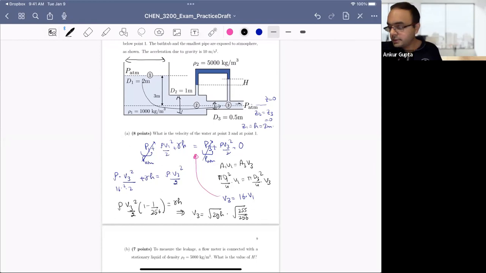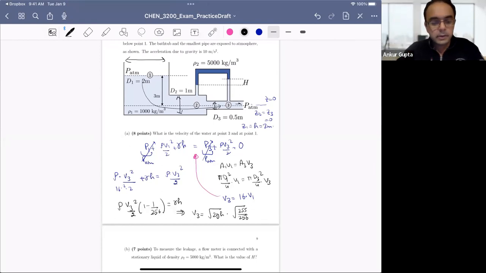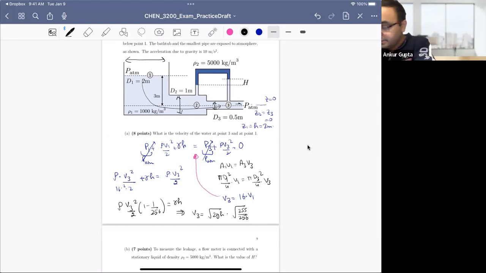And so let's put this into a calculator. So 2gH is 2 into 10 into height 3, into 255 by 256. Actually, it's the opposite, my apologies.